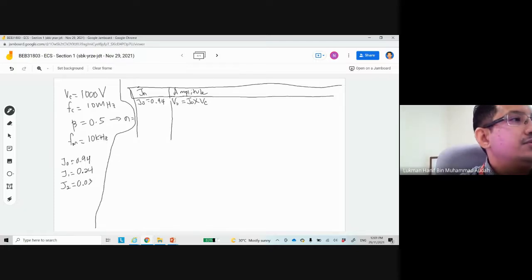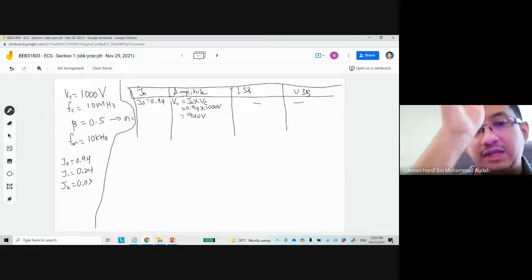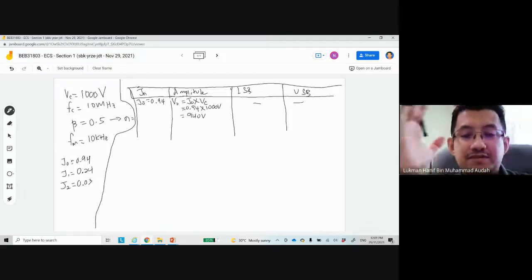So this is equal to 0.94 multiplied with 1000 volt, which is 940 volt. What about the LSB and USB? There are none, because this is the center frequency. J0 is located at the center, so it is not located at the side bands.